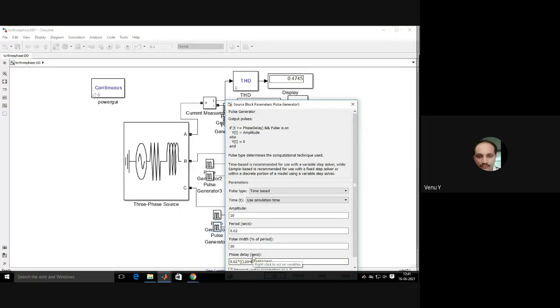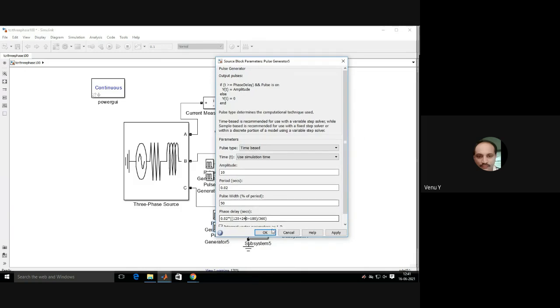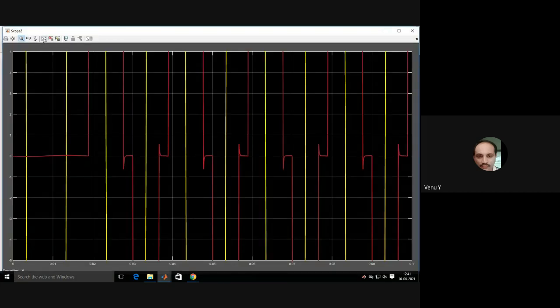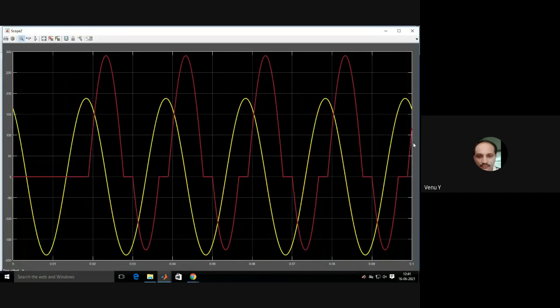Change to 240 instead of 120. Let us change it to 240 and run the simulation. We got the same value, with a different magnitude; some magnitude was changed.